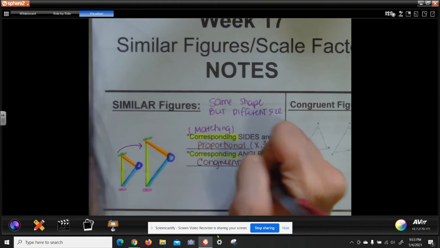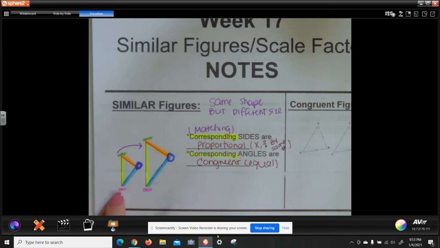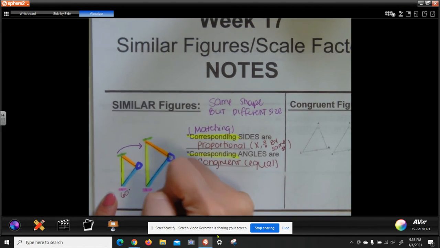And what does congruent mean? It means that they're exactly the same. So if this angle measures 60 degrees, then angle X is going to measure 60 degrees. The angles are equal. They stay the same.